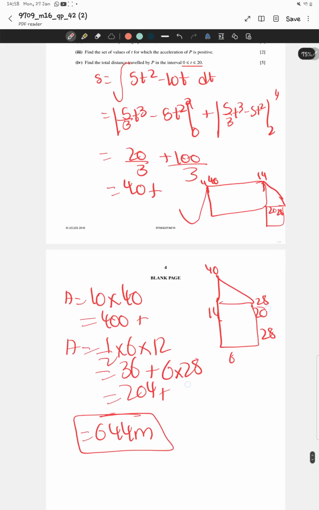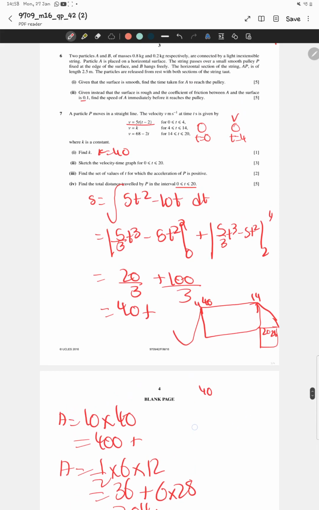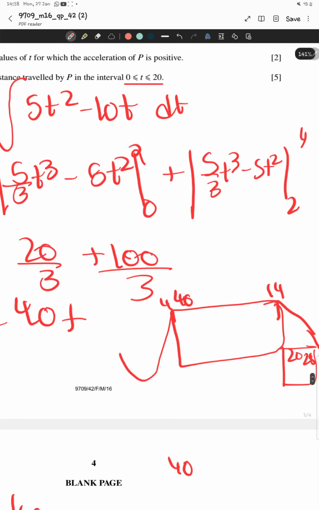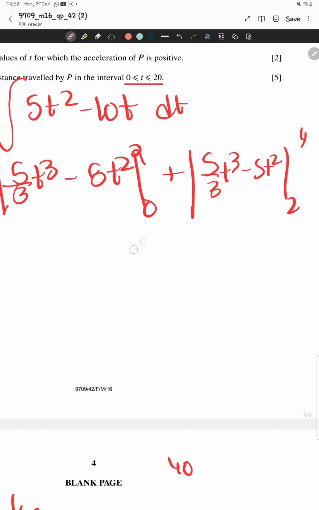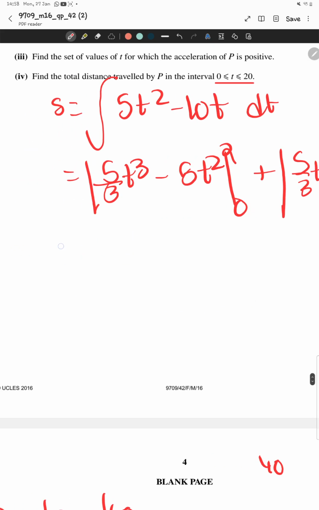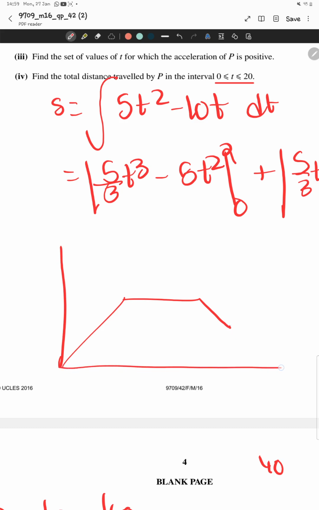By the way, the reason why we took this area down here, let me just show you. Let me erase some of this. So imagine you have a graph like this, right? And then it goes like this here, and then it kind of stops. When you're finding the area, it's the area under the graph.